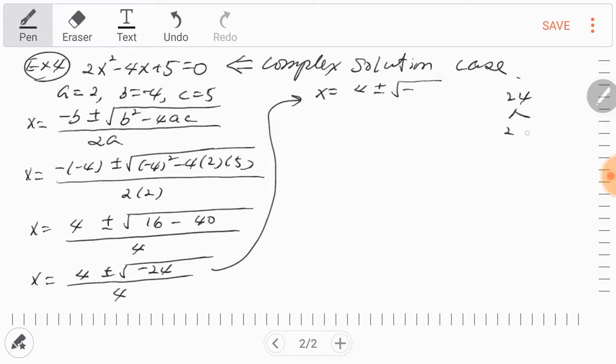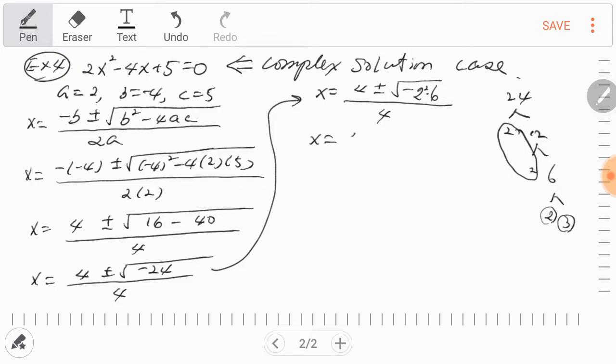If you are not sure, we can do a little factoring: 2 times 12 is 24, and 12 is 2 times 6, so we can have 2 squared inside. So that will be 2 squared times 6, over 4.